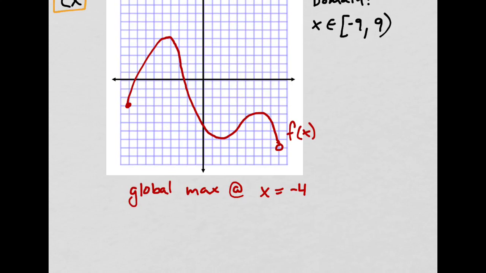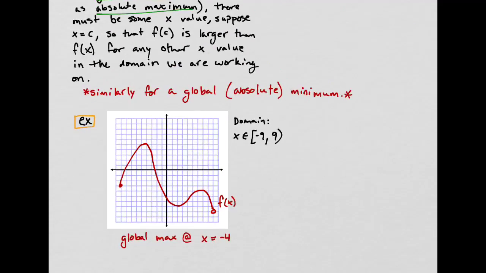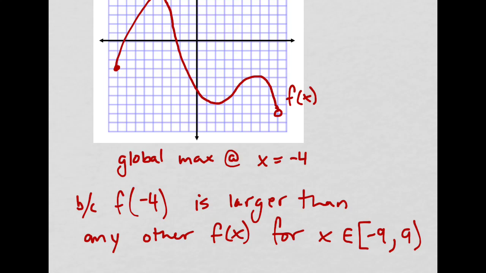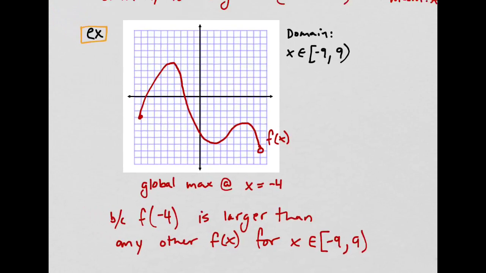So we have a global maximum at x equals -4. This is the c value from the definition. That's the c value because f of -4 is larger than any other f of x, any other y value, for all the x's in the interval -9 to 9. So that's why it's a global maximum.